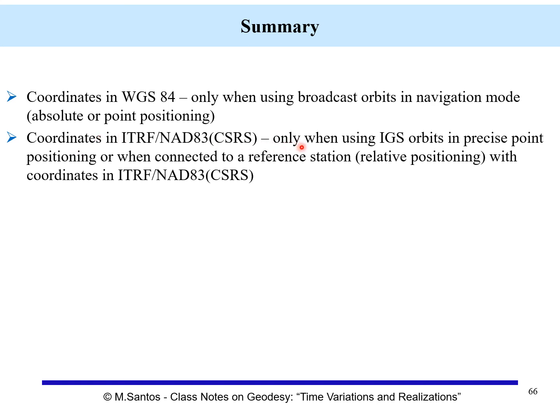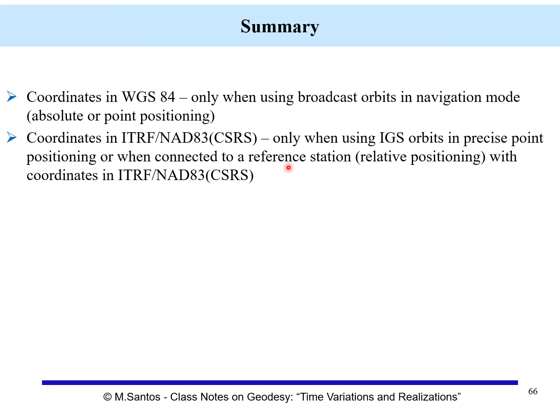When we do precise point positioning using IGS orbits, or when we connect to a network with reference stations, we're not going to be doing positioning in WGS84. We're positioning based on the frame of the IGS orbits, which is ITRF, or we position in the frame of the reference station, okay, even independent of the orbit we're using.